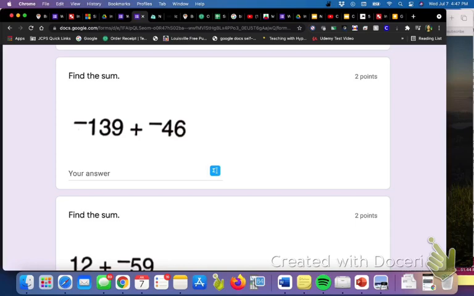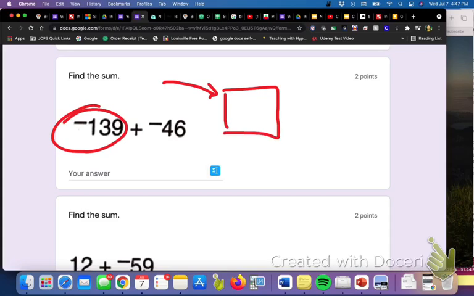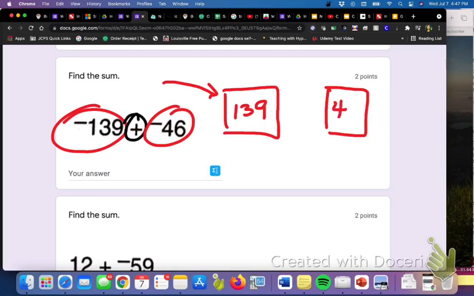So what I mean by that is I've got a negative 139, for example, right? So we know that would mean I would be putting 139 negative chips into the workspace if we were building a model. Plus, you can see that we're adding 46 negative chips as well, and we're putting that into the workspace too.